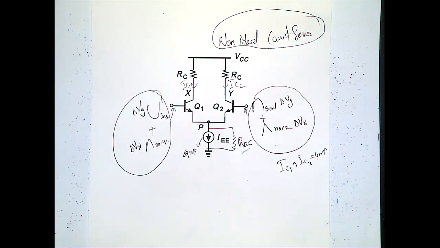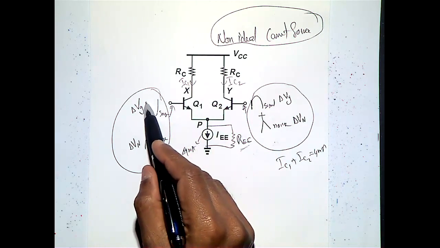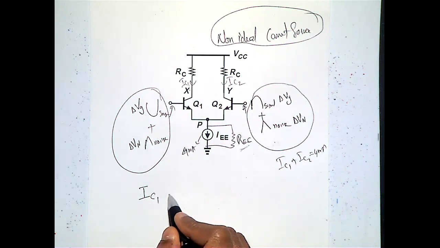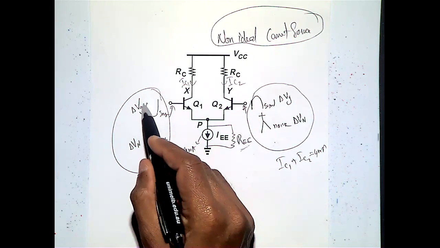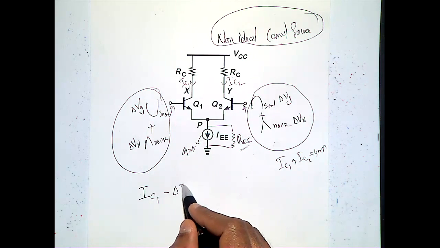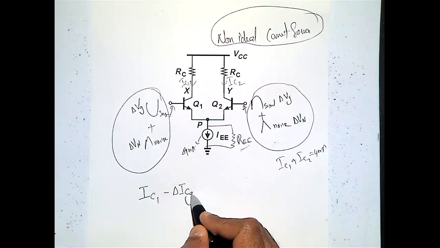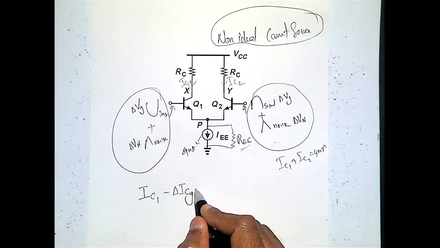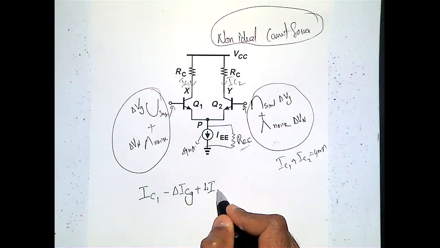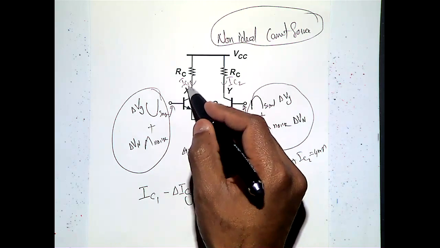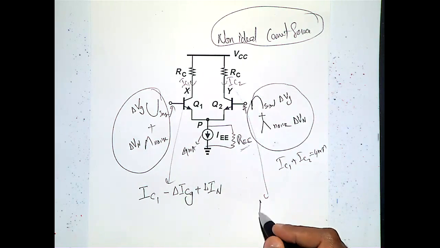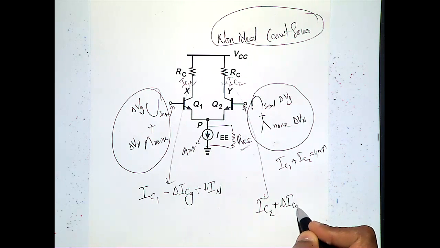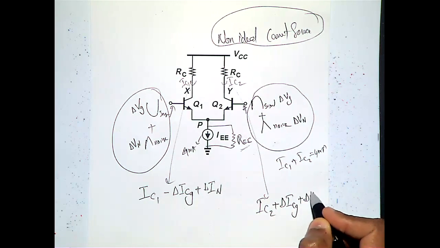So now what will happen is you got IC1 and then when you have a signal like this, what will be the total current here? IC1 minus, because this is negative, so negative delta ICG, because that is your signal. That is the reason I put G. And then plus delta IN, that is the total current here. What is the total current here? That is equal to IC2 plus delta ICG plus delta IN.